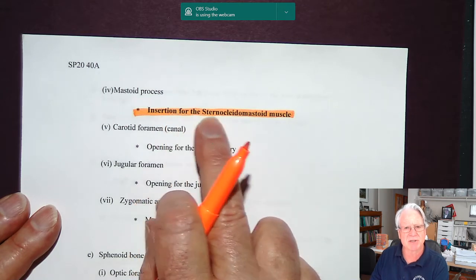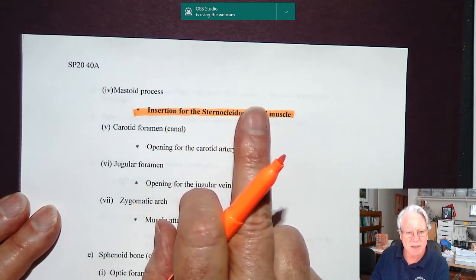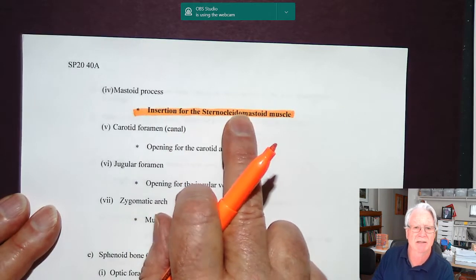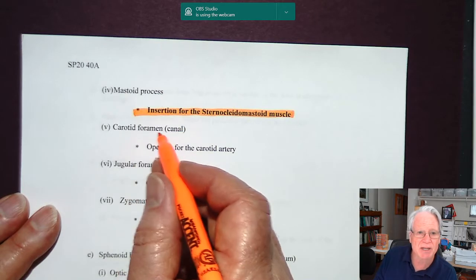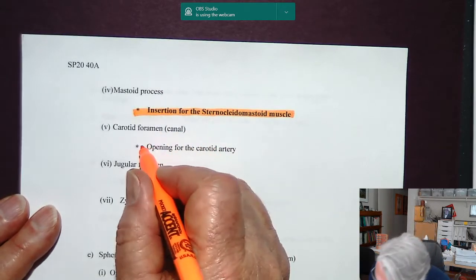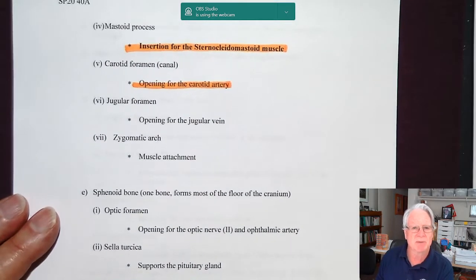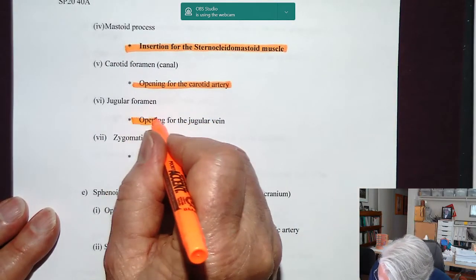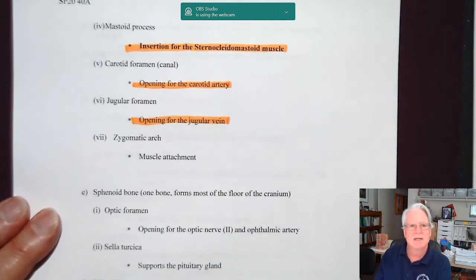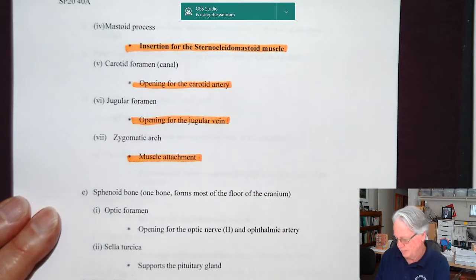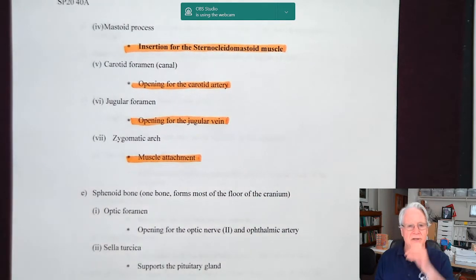It's the insertion for that muscle. So pay special attention to those functions which are highlighted in black. Okay. Then we'll have the carotid foramen or canal, which is the opening for the carotid artery. The jugular foramen, which is the opening for the jugular vein. And the zygomatic arch, which is for muscle attachment. All of those things are going to be in this next bone that we study, which is the temporal bone.